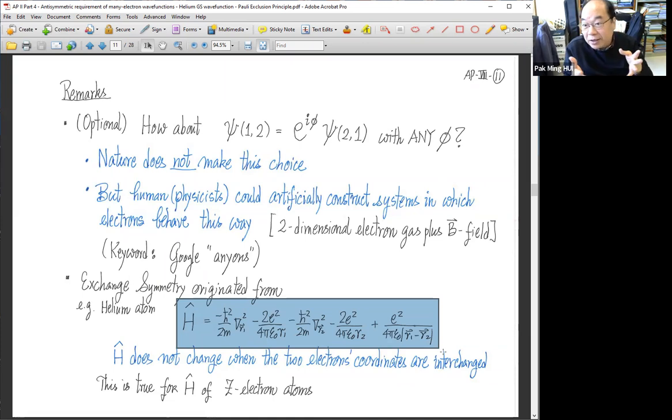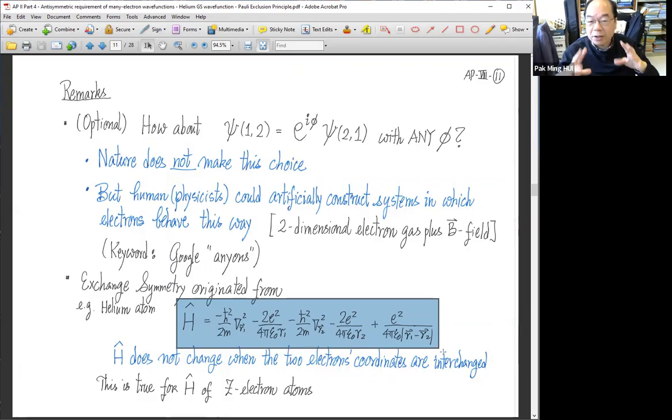Okay? So it is like what you learned last semester about some symmetry in the Hamiltonian. Therefore, for example, you can imagine if I have a permutation operator of interchanging the two electrons' coordinates, it commutes with the Hamiltonian, thereby you can look for simultaneous eigenstates of these two operators, et cetera.